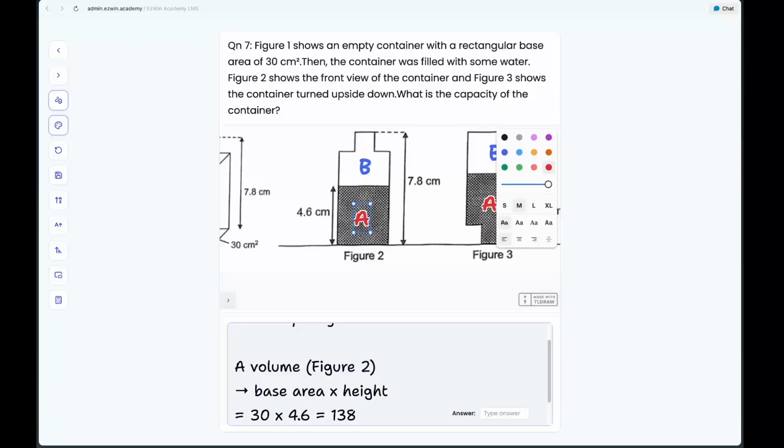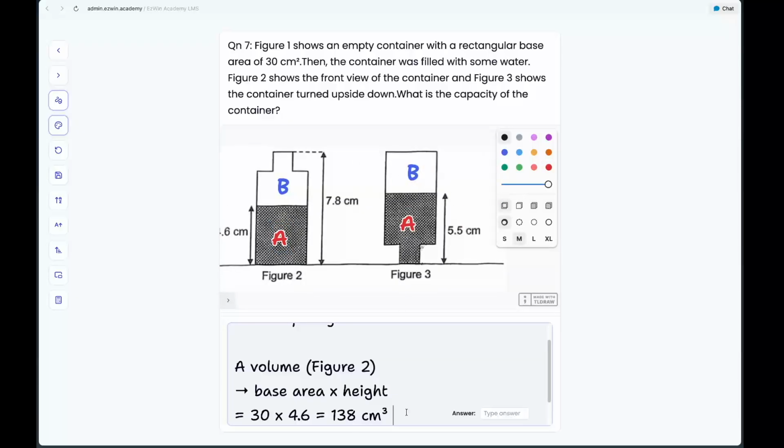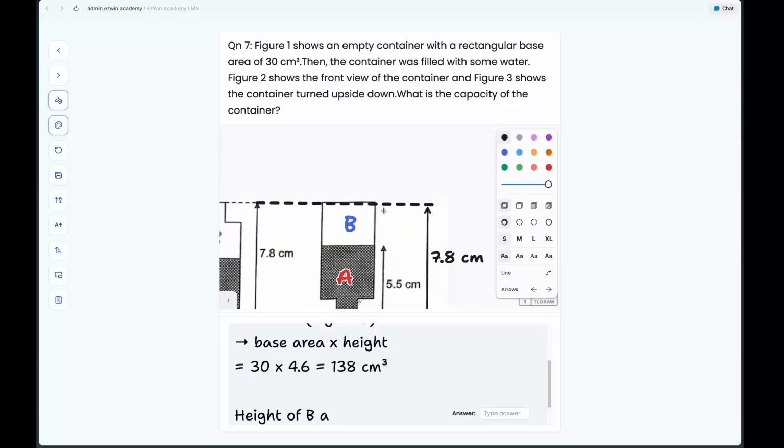So this would be equal to 138 centimeter cube. For B, how do we get B? To get the height of B, we also know that this is 7.8 centimeters, right? If this is 7.8, what is the height for B?